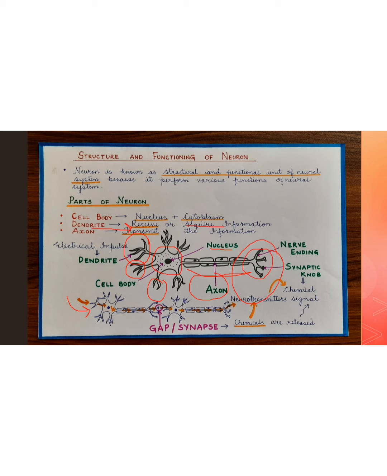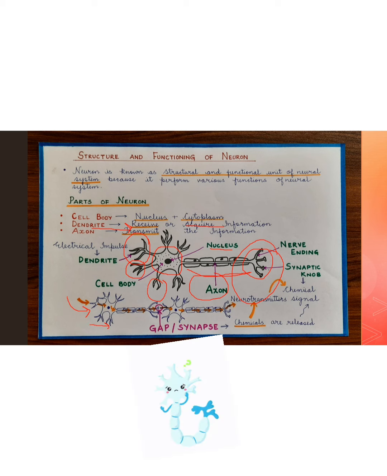Okay, understood? So here in the diagram below, you can see with the orange structure I am showing with the pen how the signal enters through the dendrite, moves to the cell body, and then moves to the axon and to the nerve endings.